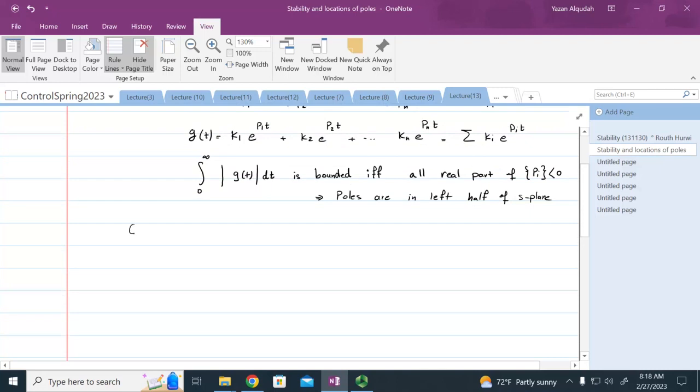Okay, so let's see what happens if we have poles that are on the j omega axis.